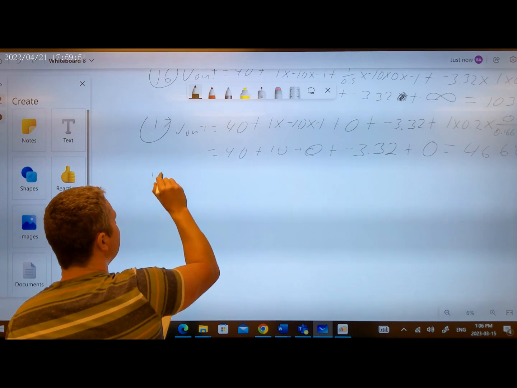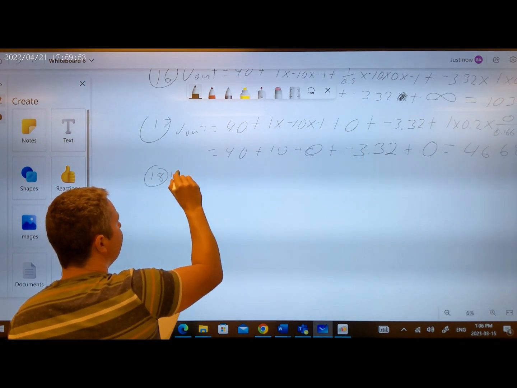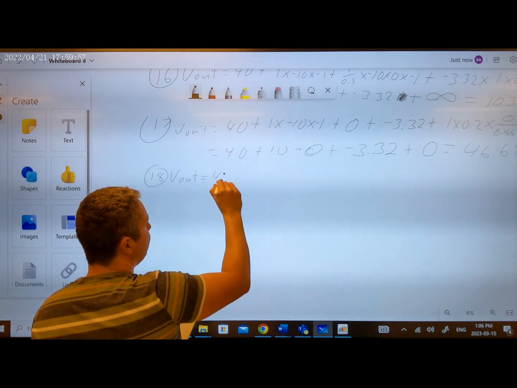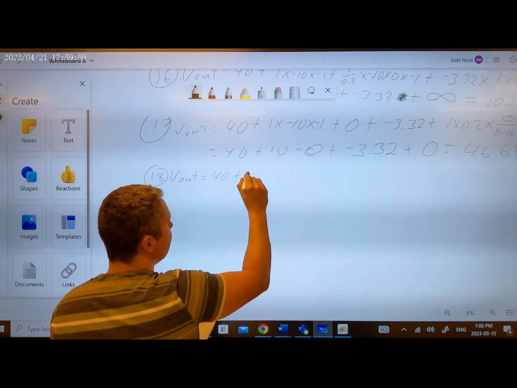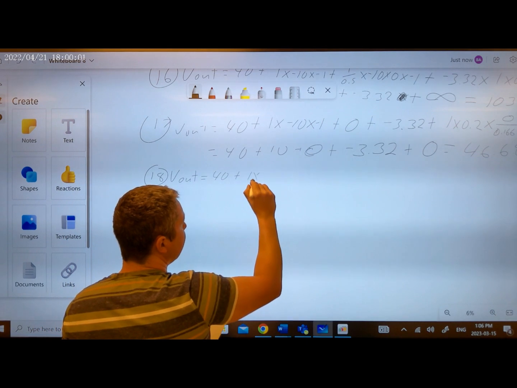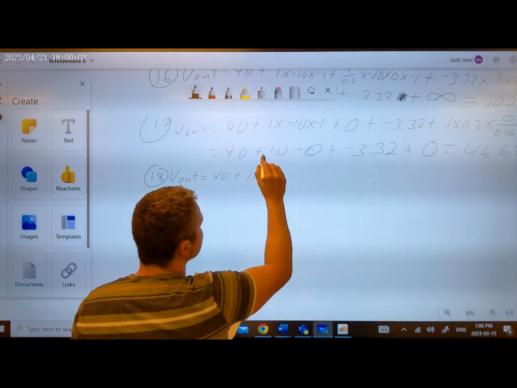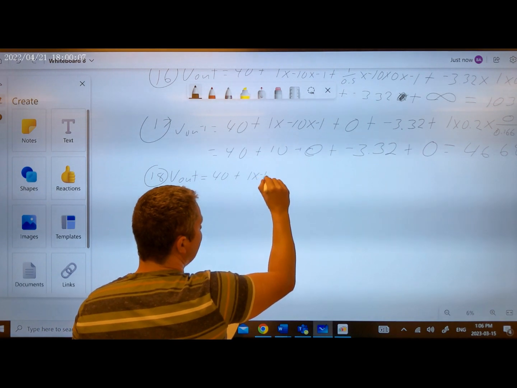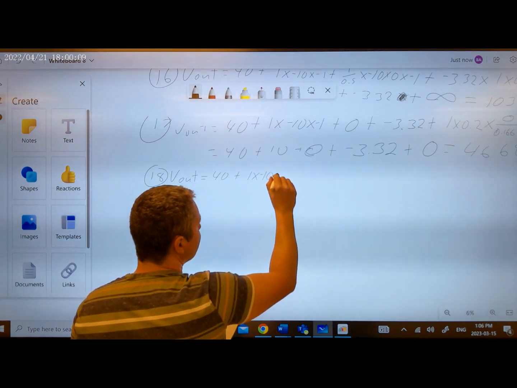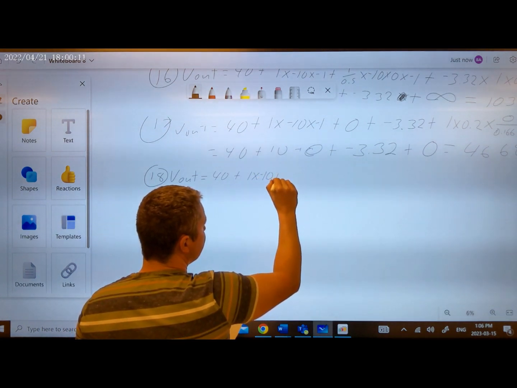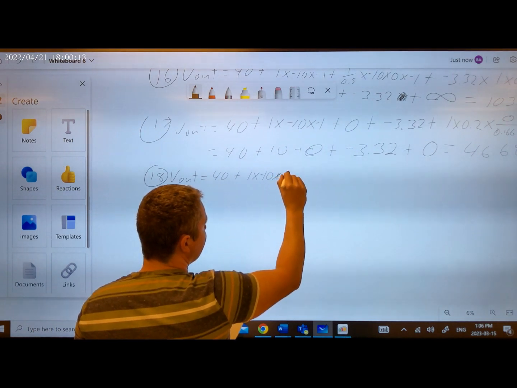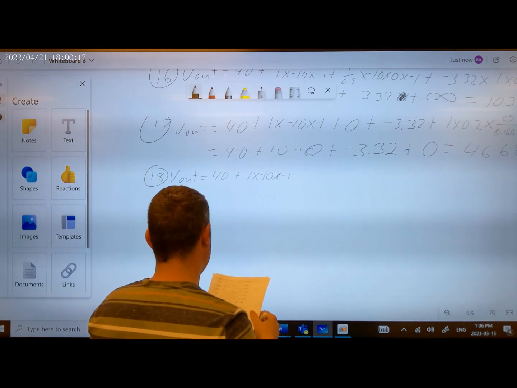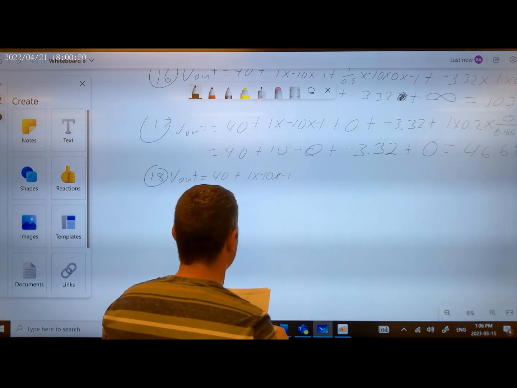So, at point 18, V out equals our bias plus our proportional gain times -10 plus, times -1, right? What are we at, 18? Starting to lose my mind here.